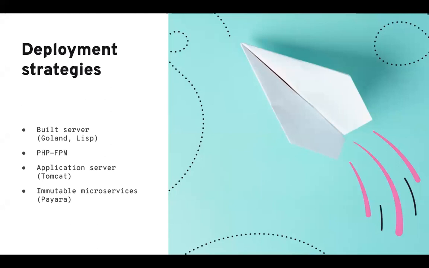Then you have yet a different strategy, like a monolithic application server, such as Tomcat, which can hold many different Java applications, and contrast that to Java Payara, which is like an immutable microservice that you deploy as a single file. So all of these details about how you deploy your packaged code also have to be taken into consideration if you want a unified DevOps workflow.